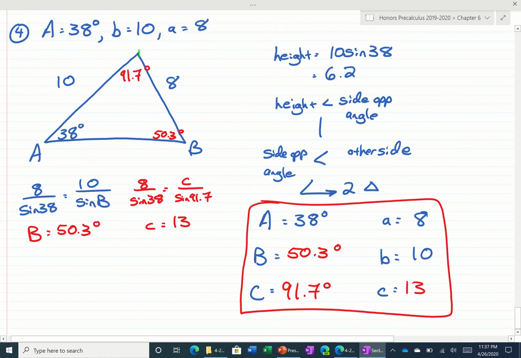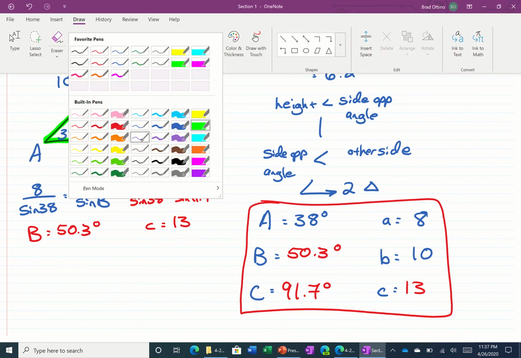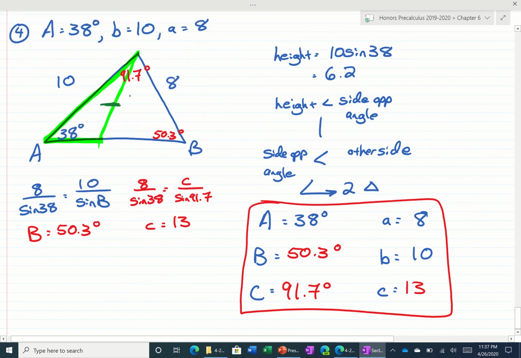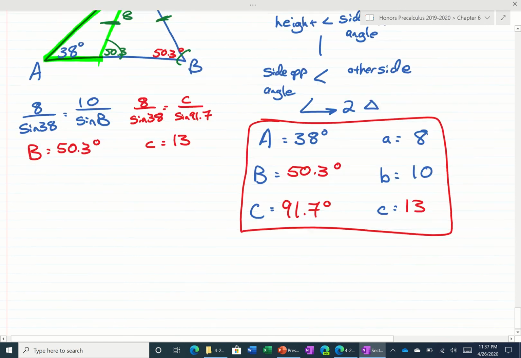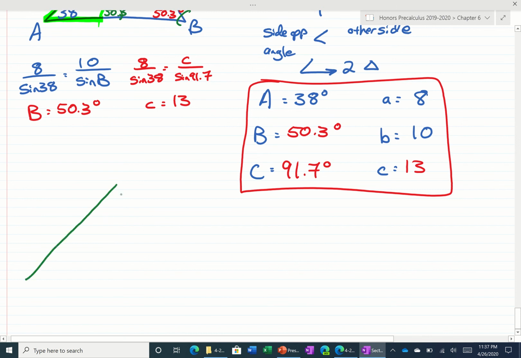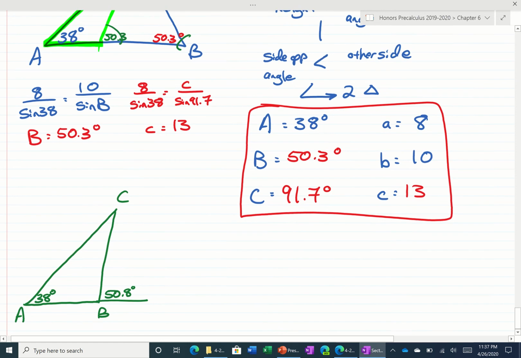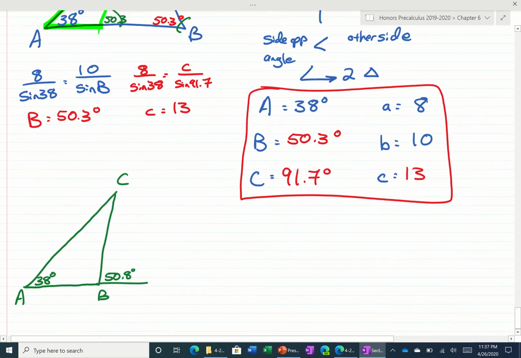Second triangle, we're going to keep this side the same, this angle the same, but draw that side 8 over here. So if this is also side 8 and this is side 8, this angle and this angle are both 50.3. We could use supplementary angles to finish it.